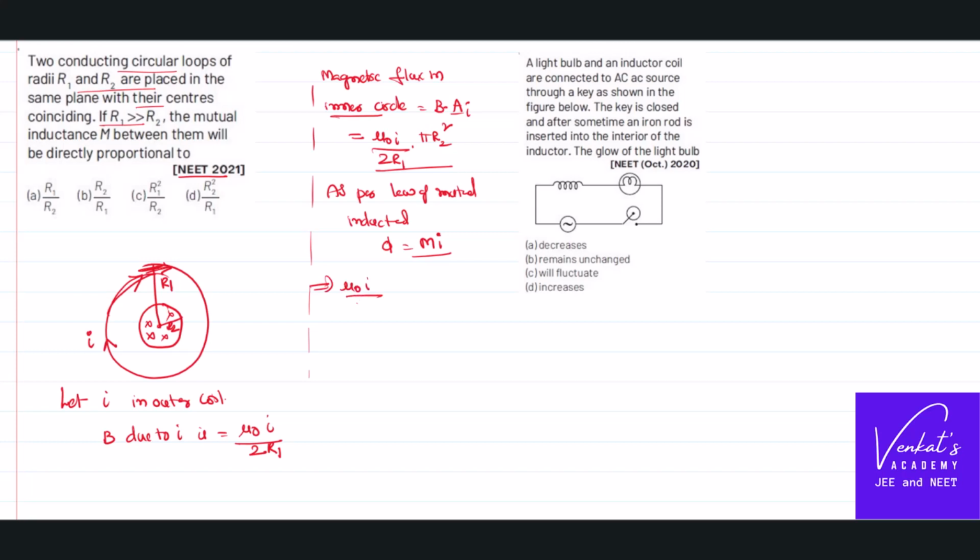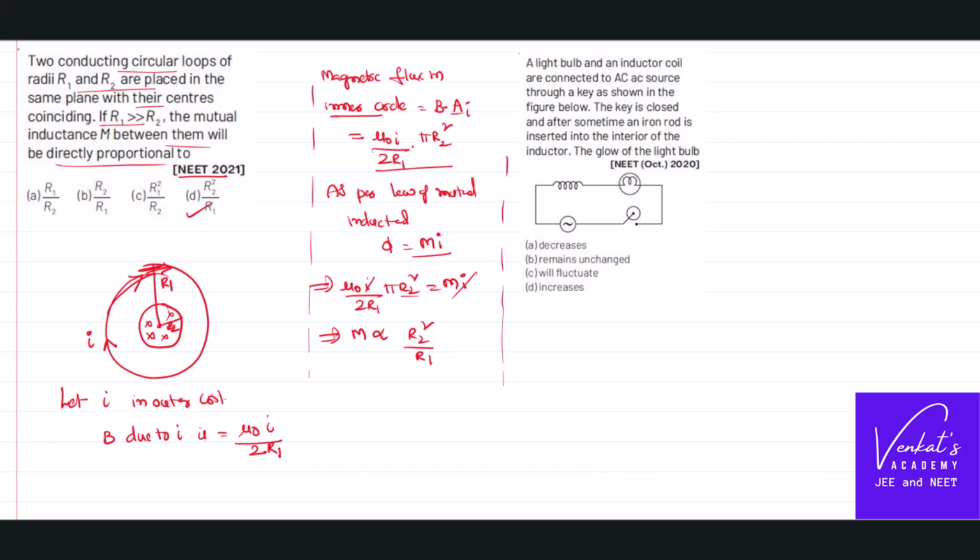Mu naught I by 2R1 into pi R2 square equals M I. So this I and this I can be cancelled. So we can say M is proportional to, we want only the proportionality, right? R2 square by R1. That's the answer for the problem. That's how we solve that simple problem, right?